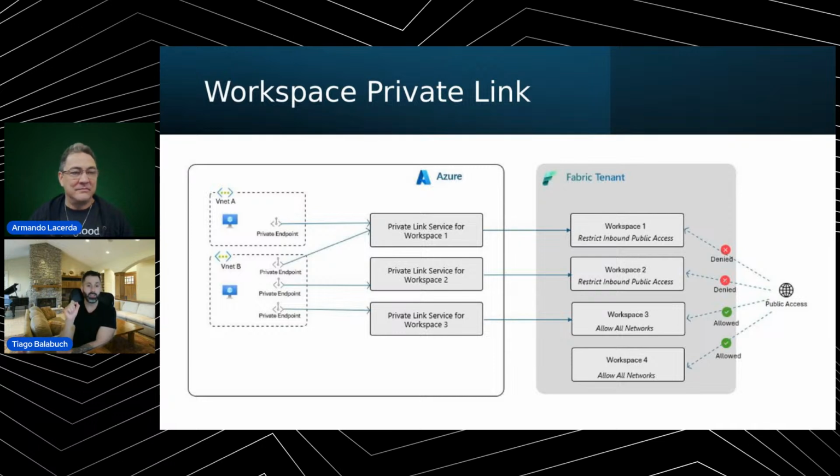One private endpoint from one VNet can also be linked to a different private link service. That's even more flexible. I really like it. Yeah, exactly, and that's what is important here.